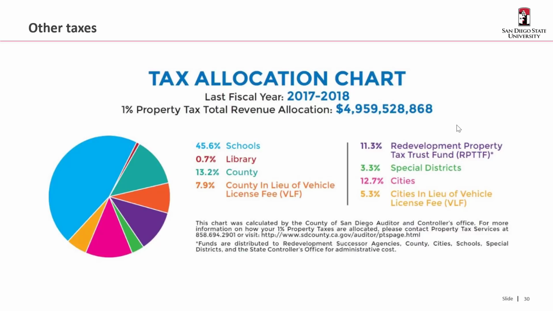County in lieu of a vehicle license fee is a swap out for a different kind of fee. There's the redevelopment property tax trust fund. These were used for redeveloping properties that had become run down or needed sprucing up. Then there's a little bit for special district cities, and then cities in lieu of the vehicle license fee.